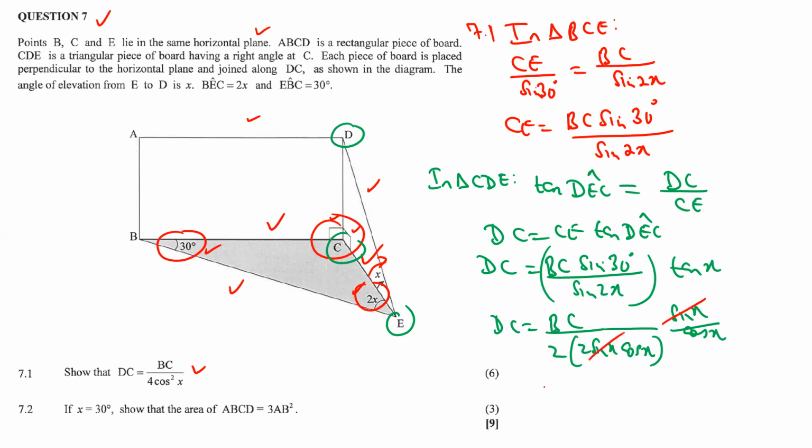Sine cancels out, which is BC over 2 by 2 is 4 cosine squared x. That's the answer. So this is BC over 4 cosine squared x. So we have answered and we have shown that DC is BC over 4 cosine squared x.